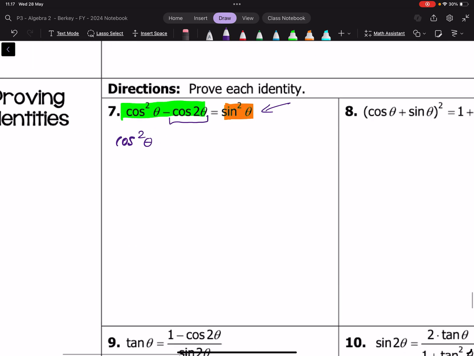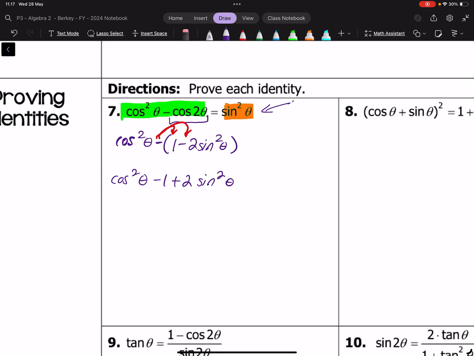So I'm going to do cosine squared, and I'm going to write minus, I'm making this substitution in, 1 minus 2 sine squared theta is equal to, oh, sorry, I almost did that thing I told you not to do. And now let's see what happens when we simplify. So I'm going to distribute this negative sign, distribute accordingly. So cosine squared theta minus 1 plus 2 sine squared theta.